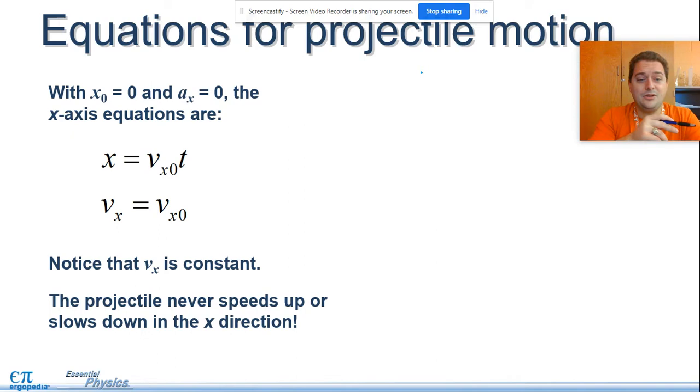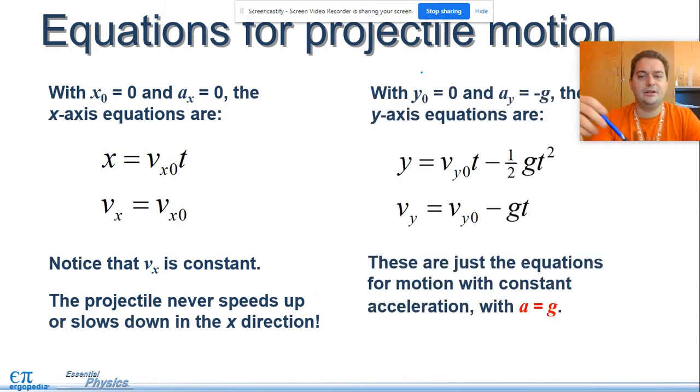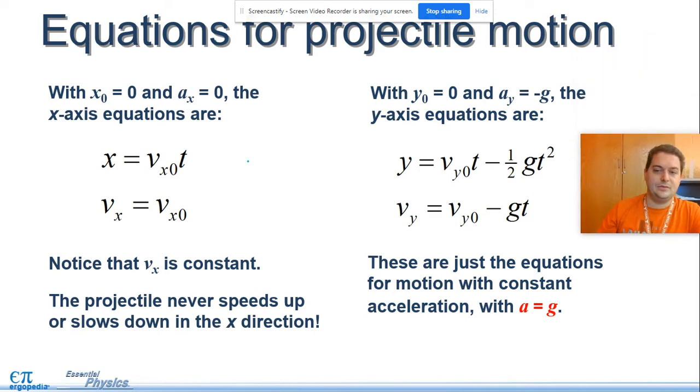Your x-axis equations look like this. X equals vx0 times time, and vx equals vx0. We're going to talk about these little letters here in just a minute, about what the 0 and the little x's are. When we talk about the y-axis equations, they look like this.